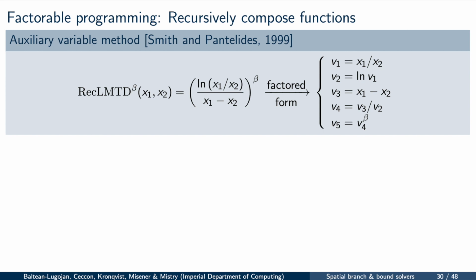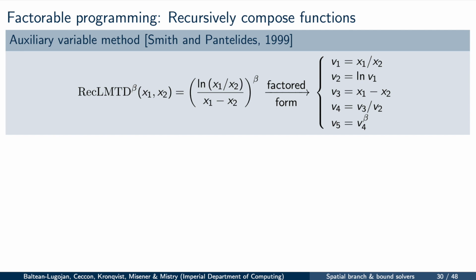So for instance, if we did not know how to manage this reciprocal LMTD function, which we discussed earlier, and which we might actually want to manage as one block because it actually is convex, and if we weren't able to recognize it, we would develop a variable v1 equal to x1 divided by x2. We would have a relaxation for that variable v1. We would develop a variable v2 equal to the natural log of v1, and again, we would develop a relaxation for that, et cetera, et cetera. So this is the auxiliary variable method.